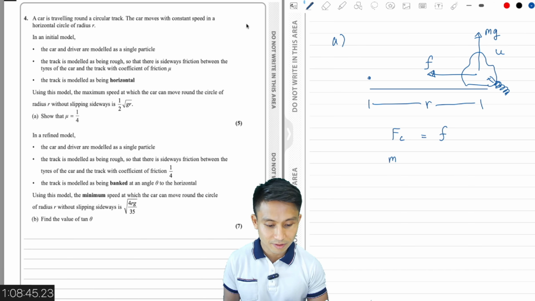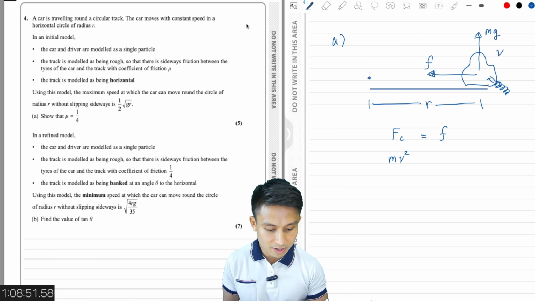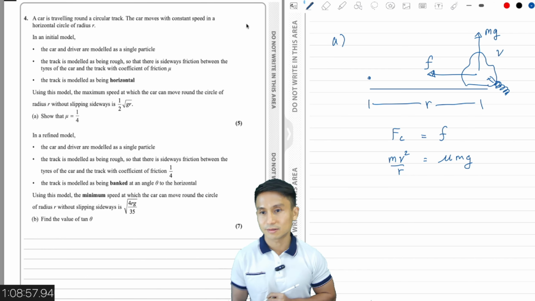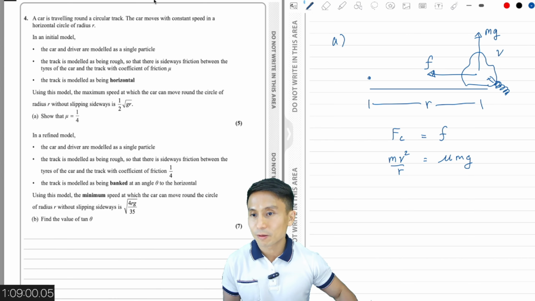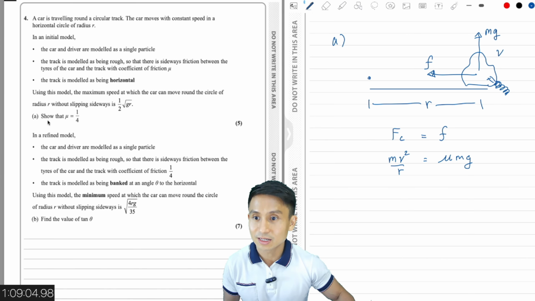So m, and I'm just going to use v here. V is the speed. mv squared over r equals mu mg. Now, because we are also given that the maximum speed without slipping is that, we can just plug that in.